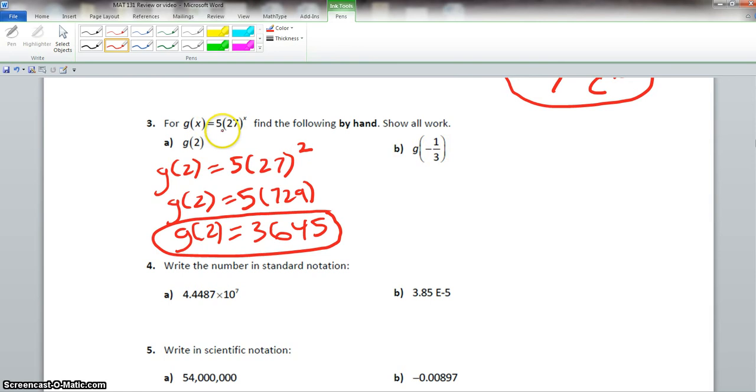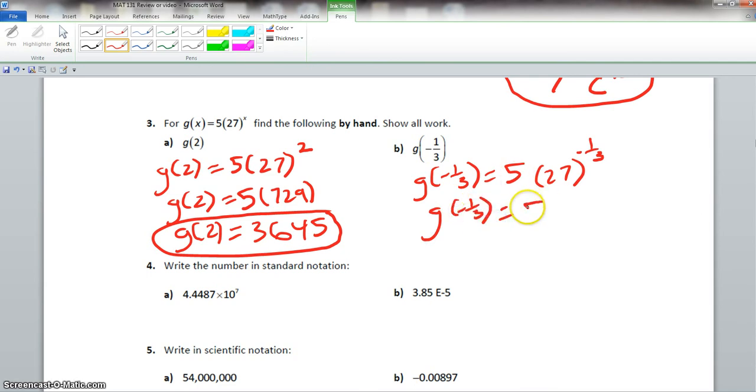We take the same formula here. So we have g of negative 1/3 is equal to 5 times 27 to the negative 1/3 power. Now we know 27 to the negative 1/3 power will give us 1 over 27 to the 1/3 power.